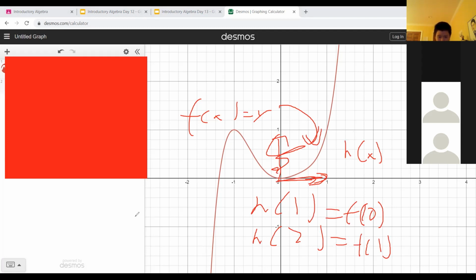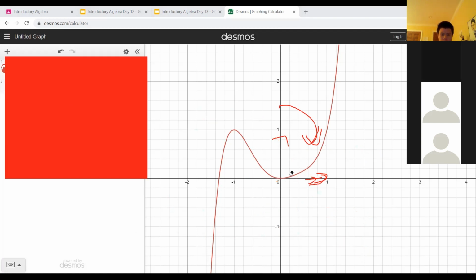And so you can see that h(x) equals f(x minus 1). I mean x plus 1. So if we wanted to shift the graph right, we would just have to type in this.